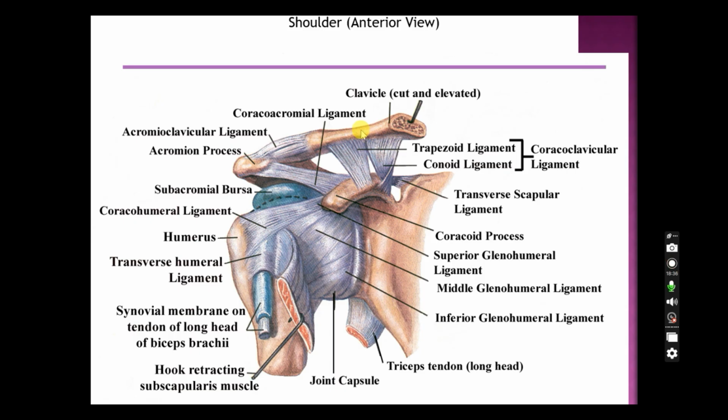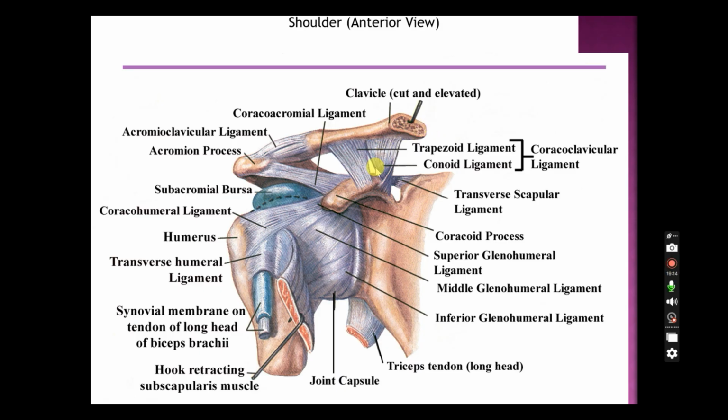Take the movement of the humerus in the shoulder, for example in abduction of the arm: you can raise your arm up to 180 degrees. Out of this 180 degrees, 120 degrees happens by the movement of the humerus in the shoulder joint, whereas the remaining 60 degrees is due to the movement of the scapula at the acromioclavicular and sternoclavicular joints.